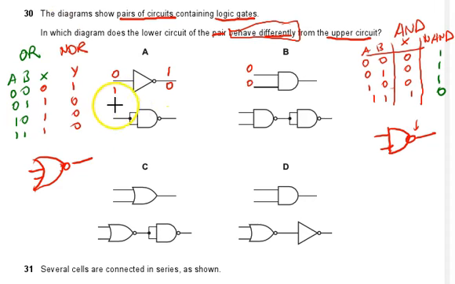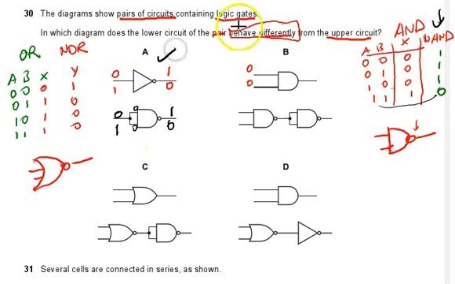Now when you have 0, it means 0 at both sides. This is a NAND gate. So we have to look at here. It will give 1, and if it is 1 here, it will give you 0.